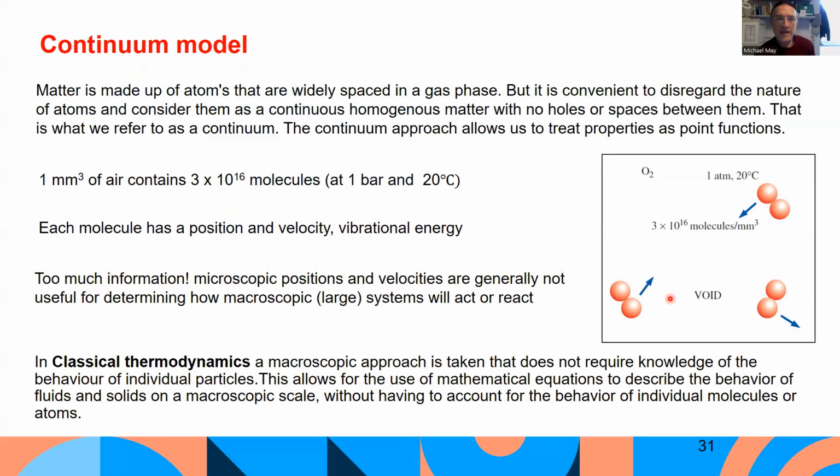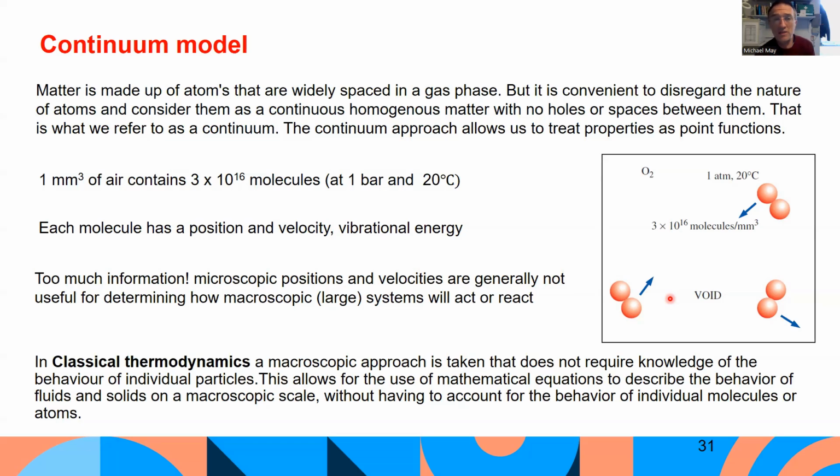If you were to take 1 millimeter cubed of air and zoom in on it at atmospheric pressure and 20 degrees, let's say, you would see that it's full of molecules, and it's estimated that there's 3 by 10 to the power 16 molecules for every millimeter cubed of air.